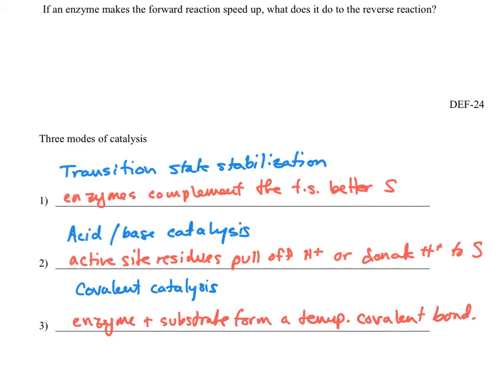This can be a very powerful thing because sometimes the enzyme interacts with the substrate, actually forms a bond between the enzyme and the substrate, and that kind of covalent bond can really destroy other bonds in the substrate or create new bonds. So that's a very powerful way for this to happen.